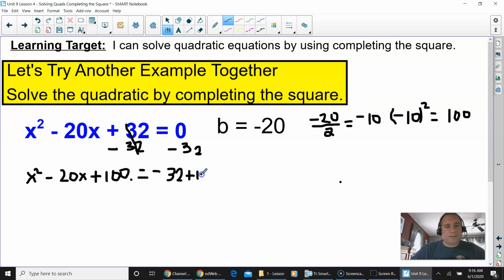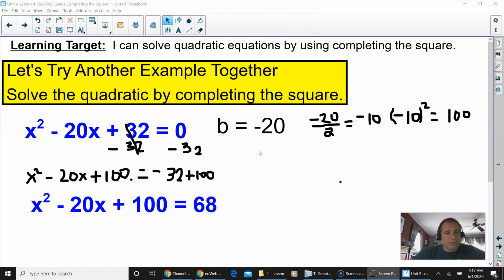Remember, you're dividing by 2, you get negative 10, you square it, you get 100. You add that 100 onto both sides. So what it comes out to be is this. You have x squared minus 20x plus 100 right there equals, and then negative 32 plus 100 is 68.